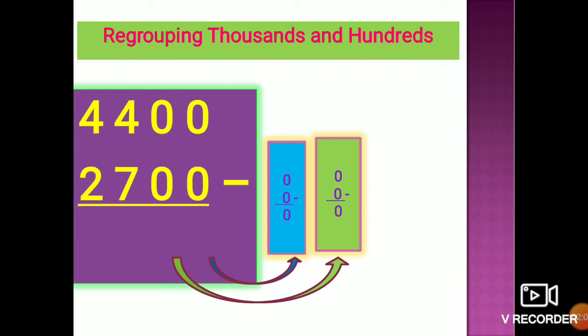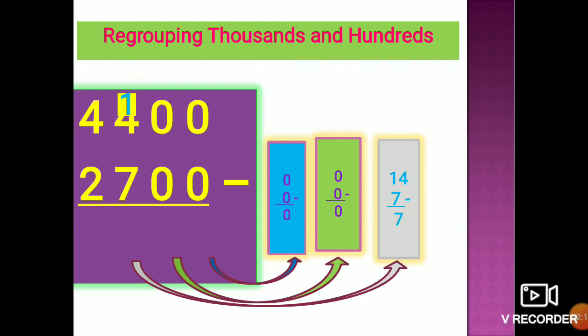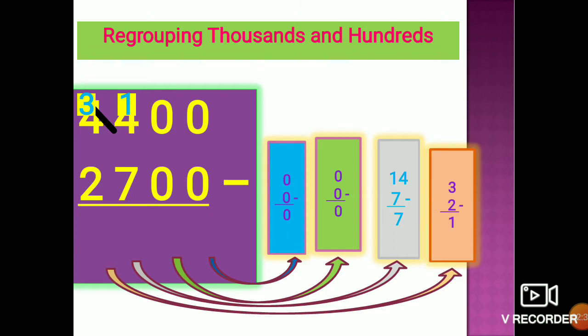We need to borrow from 4. So 4, borrow 1, becomes 14. 14 minus 7 equals 7. Now remember, with the 4 we already took 1 from it, so now it's 3. 3 minus 2 equals 1. So the result is 1,700.